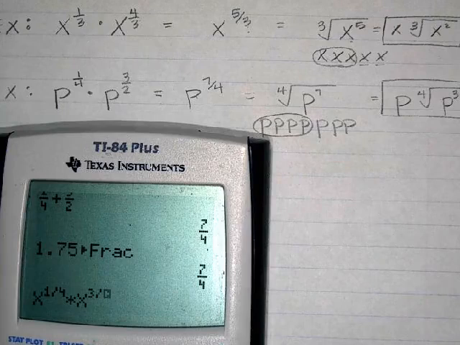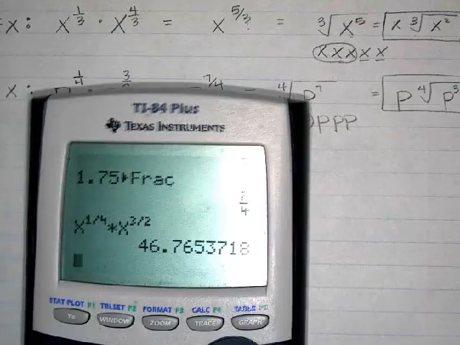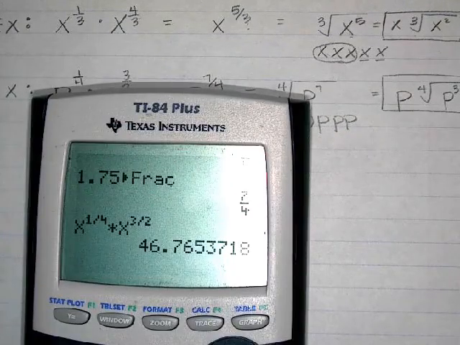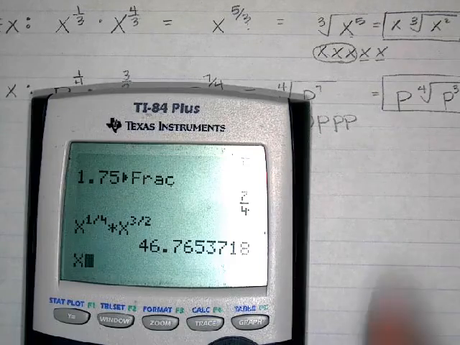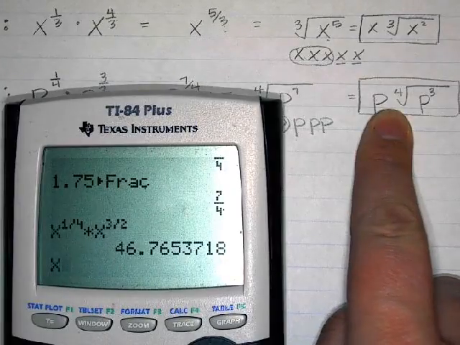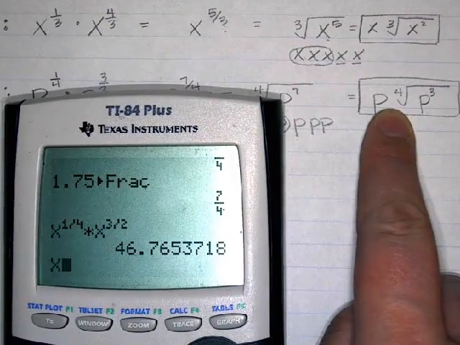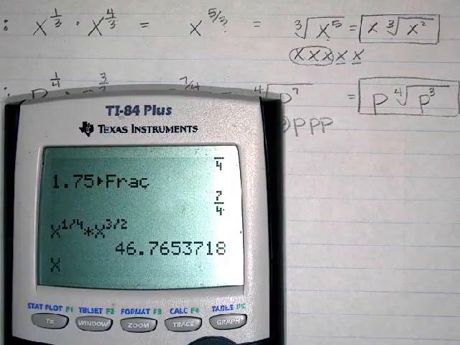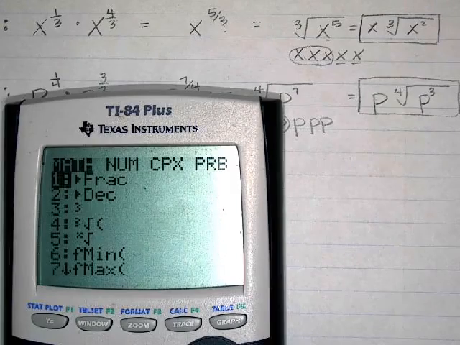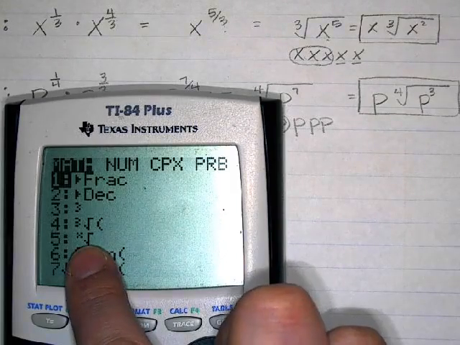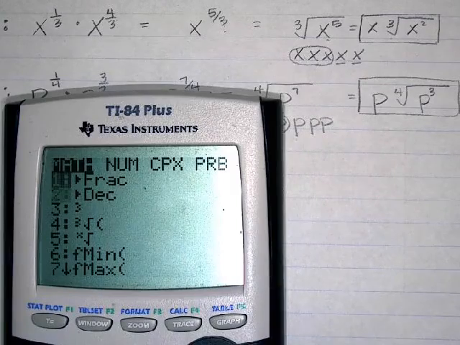Okay, now I'm going to type x, and then to get the 4th root, this is kind of interesting to type in your calculator because your calculator doesn't have something that's 4th root specifically. So I type an x first, and then I have to type a 4, and then I hit the math button, and I go down to option number 5, which says x root, and it's going to take that 4 that I just typed, and it's going to put it in the radical for me.